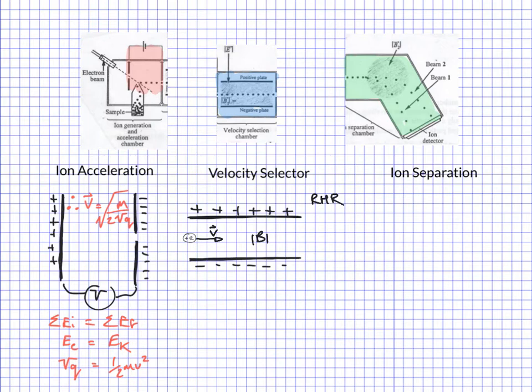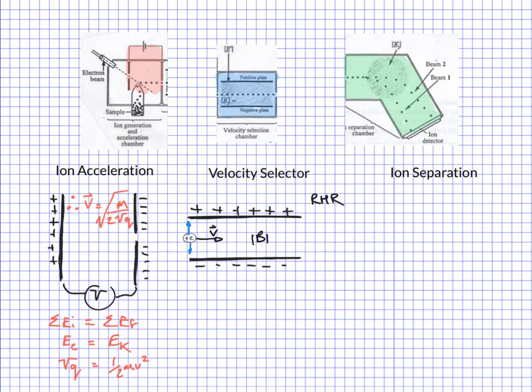We're going to point our thumb in the direction of motion, which is to the right of the page, and now I need to figure out which way it's going to experience a force. And so this is where I need to think about this selector being essentially a balancing of forces. So here I'm going to just put these forces on. There must be a force upwards that is equal to the force downwards.